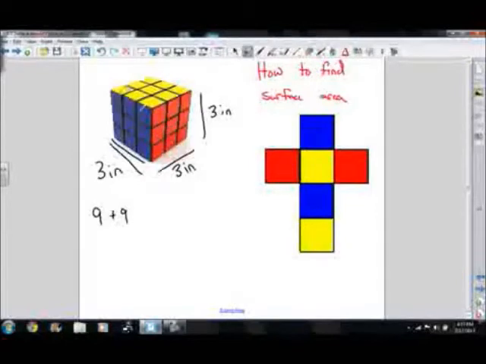The yellow part up here, once again, that's 3, so this would be 9. And we know that the blue here in the front and the blue in the back are the same thing. So this is also 9 for the front and the back. We know the red and red are going to be copied, so that's 9. And we know the yellow, top and bottom, are going to be the same, so it's 9. So it's adding up 6 9s for these cubes.